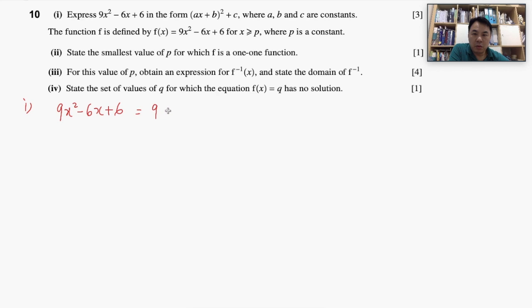I'm going to remove off my 9, and then as usual follow the rules, having the coefficient of x squared be 1. That would yield 6 over 9 here, just to make it easier for you to recognize what is going on. Of course 6 over 9 you can simplify to 2 over 3.